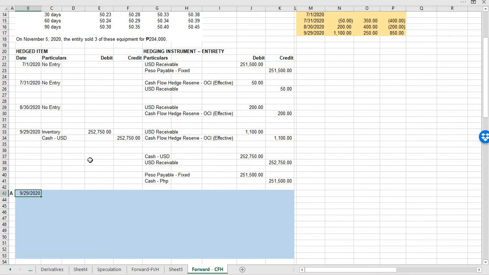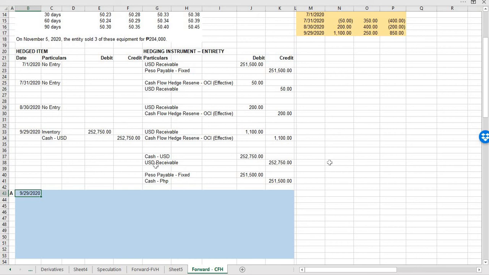So, ibig sabihin, pwede na nating i-adjust ng buo yung ating cash flow hedge reserve, OCI, sa initial cost ng ating inventory. So, buo siyang i-adjust. Para kapag nagkaroon na ng effect yung ating inventaryo sa profit or loss, adjusted na yung lalabas sa profit or loss. Ibig sabihin, dun na magte-take effect yung offsetting kapag nagkaroon na ng effect yung hedge item sa profit or loss.